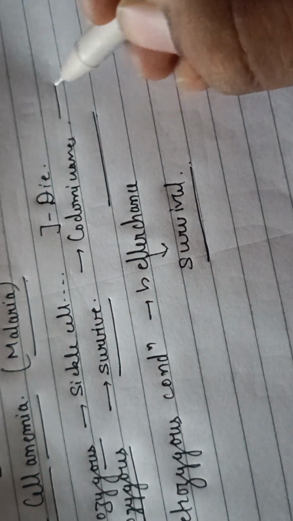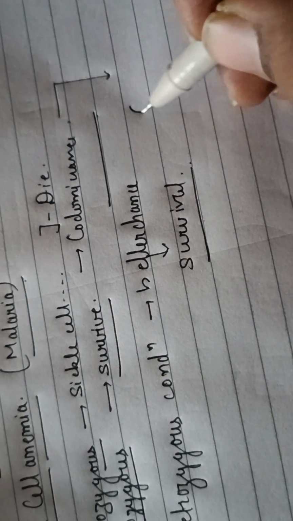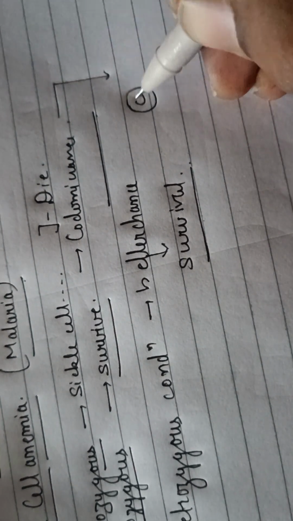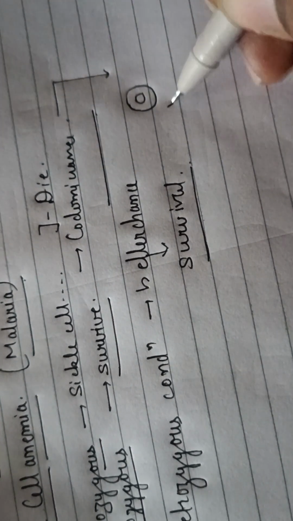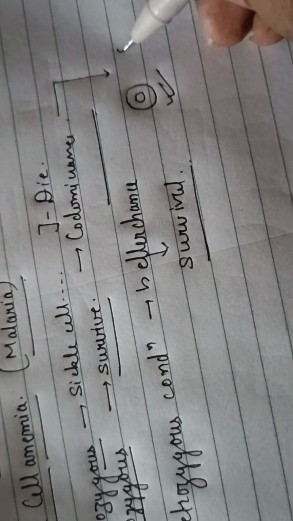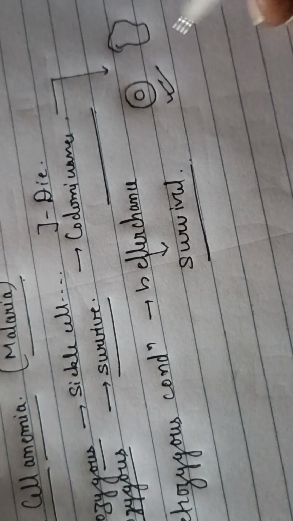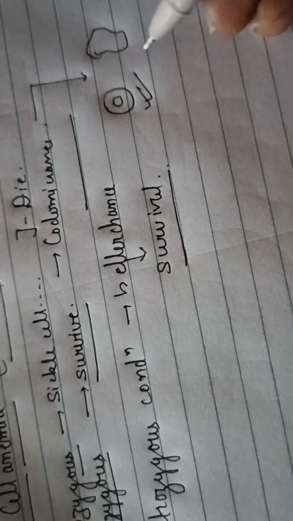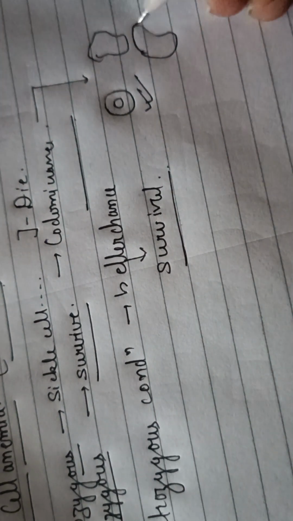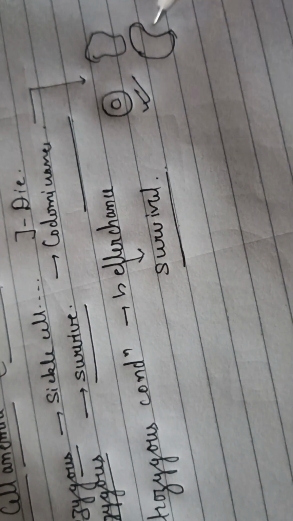Now, how can you say that? If it is heterozygous, then it will have both types of RBC: one which is biconcave, in which the parasite can reside, and one which is not properly shaped, not evenly shaped, or sickle shaped. So it has both kinds, and so it has the resistant capability.